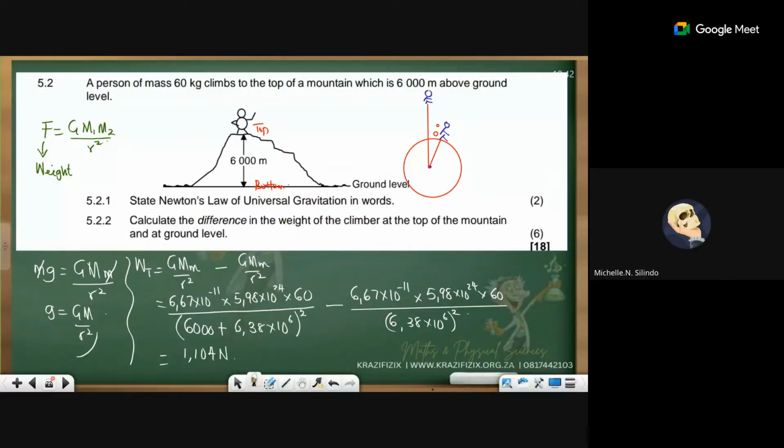So if you get negative 200 joules, write W equals negative 200. In your next line, write W equals 200 joules, open bracket, negative work. Not direction, because it's a scalar quantity.